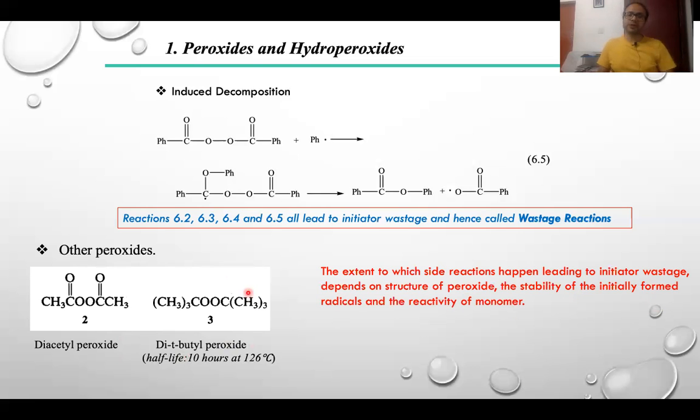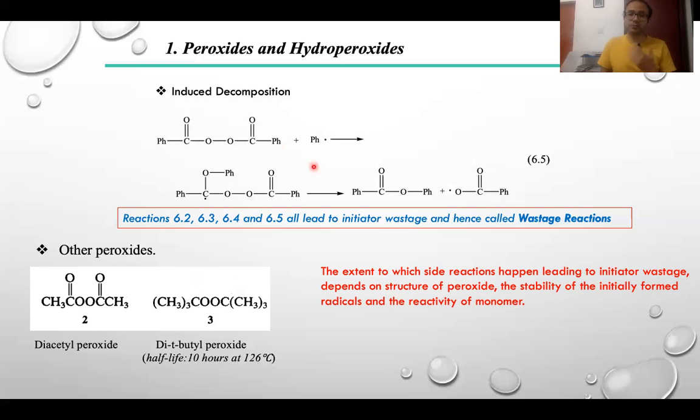If the peroxy radical that is generated out of this peroxide is not stable, then it would lead to more wastage reaction. However, if your peroxy radical is pretty stable, then it has a lesser chance to undergo any kind of wastage reaction.